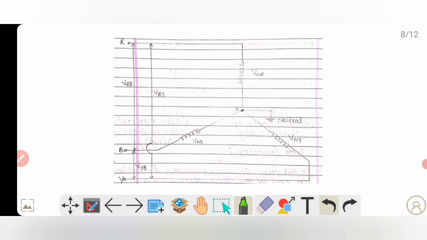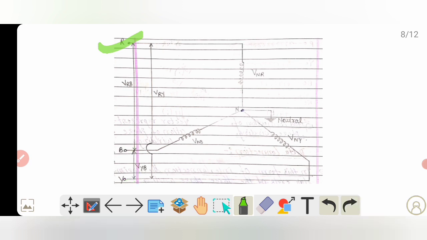Now my dear friends, as you can see in this figure, this is the star connection or Y connection. This is phase R, this is phase Y, and this is phase B. This is the first phase, this is the second phase, and this is the third phase.